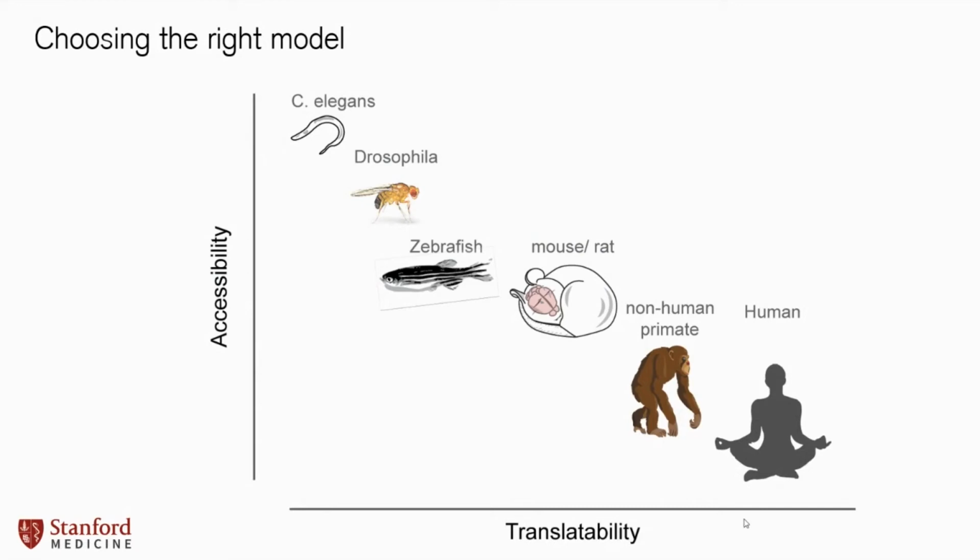Very basic question. Accessibility is a little more complex. That could mean something like, can I edit the genome or genes of this animal very easily? How expensive is it? Is it really cheap and fast? Or is it really time consuming and cost millions of dollars? And do they have the behavior that I want? And is it easy to record the behavior?